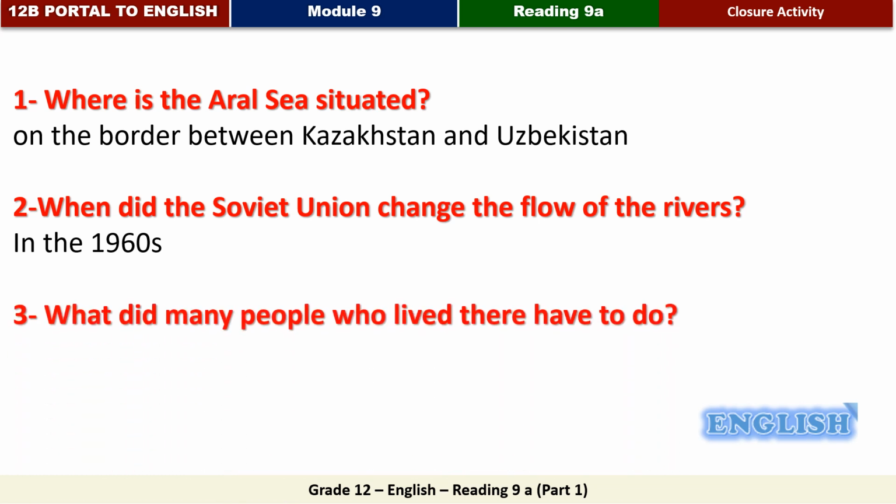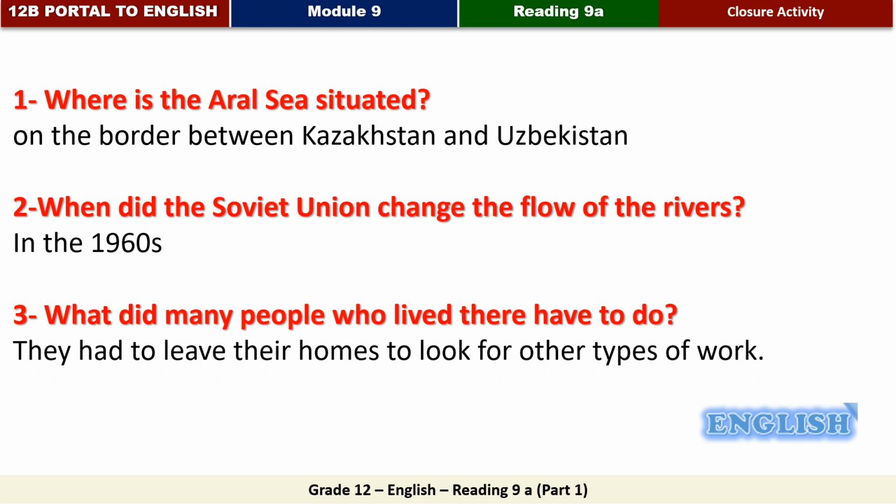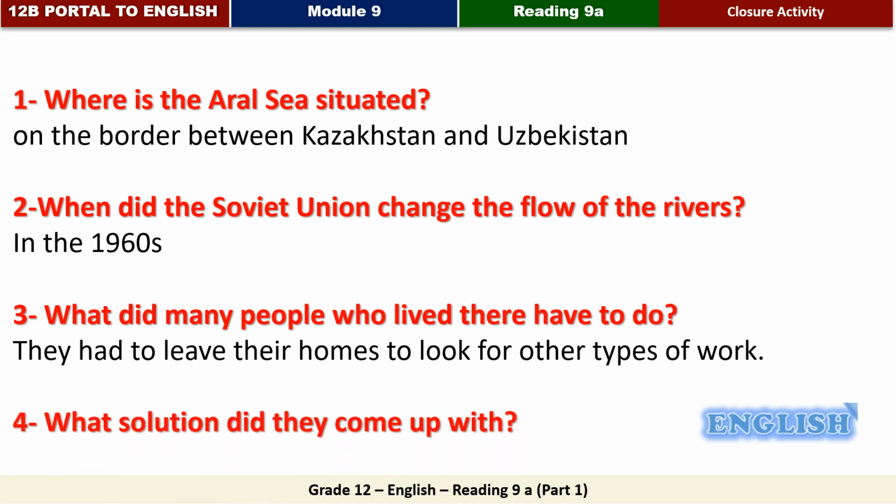Question 3. What did many people who lived there have to do? Yes. They had to leave their homes to look for other types of work. Good. Number 4.